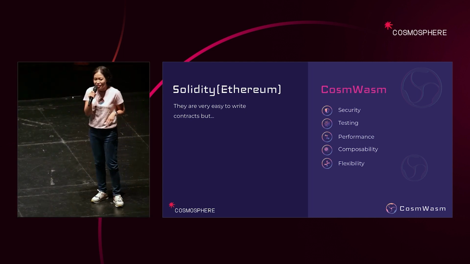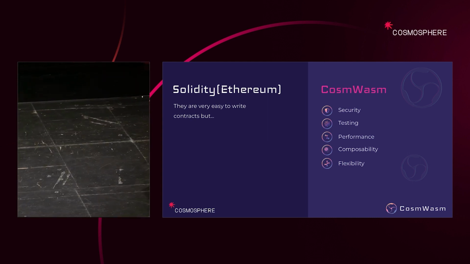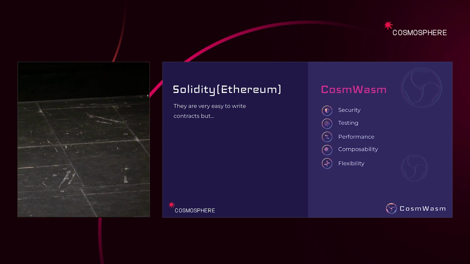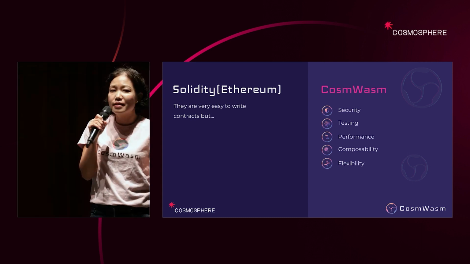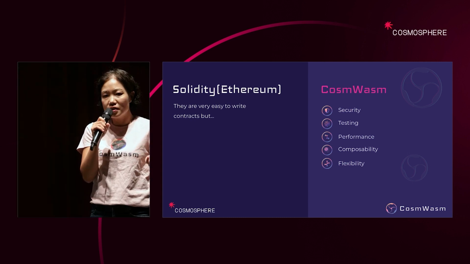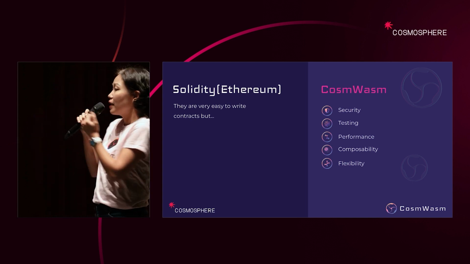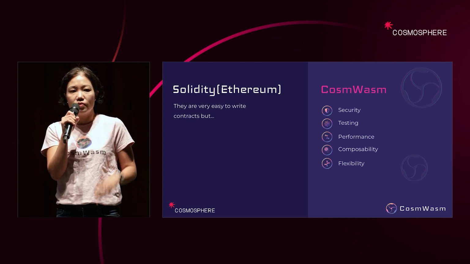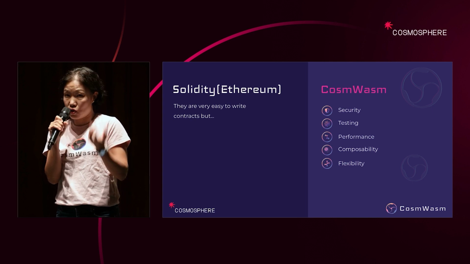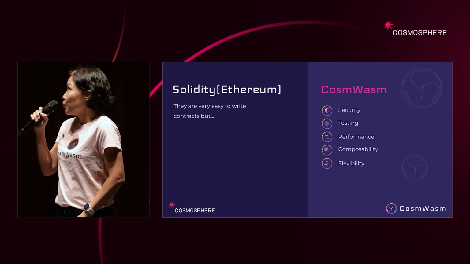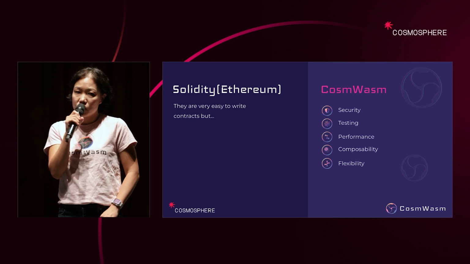I think that's because Solidity has syntax similar to JavaScript, and we have a lot of JavaScript developers out there, which makes the entry barrier relatively easy. So I think we can say Solidity prioritized easiness. But CosmWasm, like I briefly touched on, prioritizes security. So that's one of our strengths.